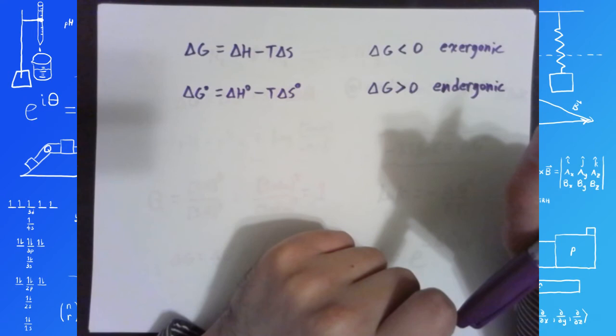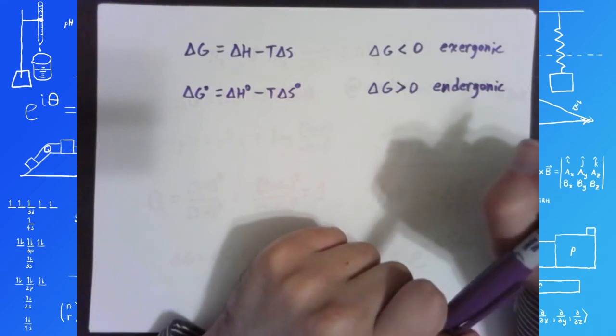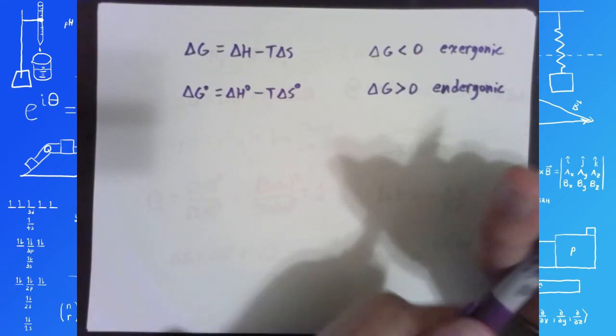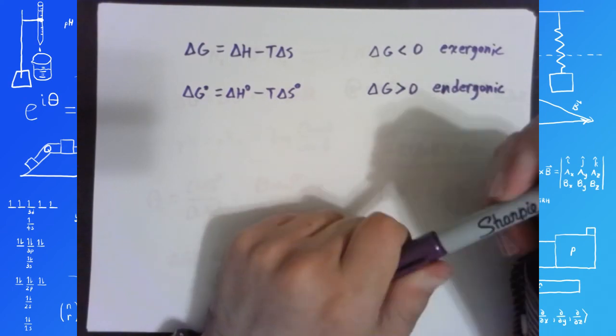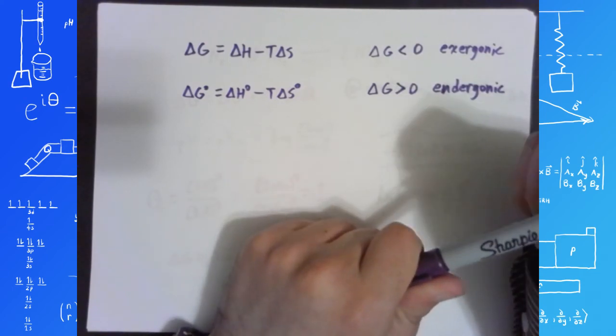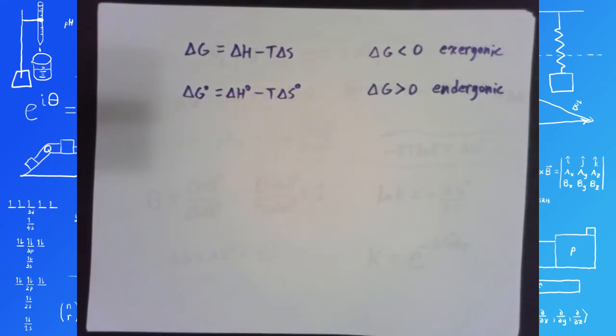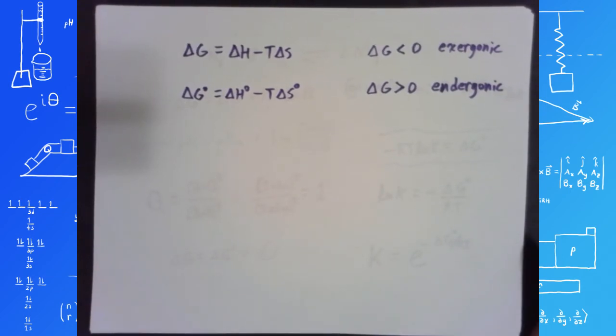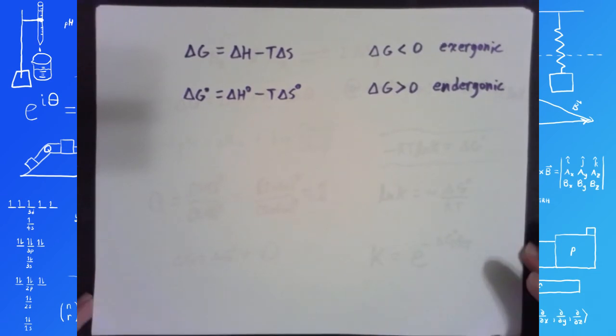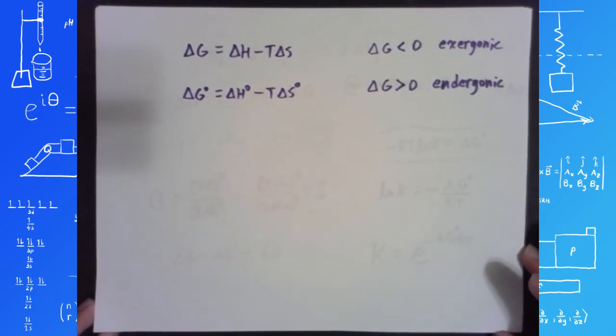And I've looked around. Apparently there is no name for it. If I had to make up a name, I would make up the names exentropic and endentropic. But officially, there is no name for processes with a positive delta S and processes with a negative delta S.